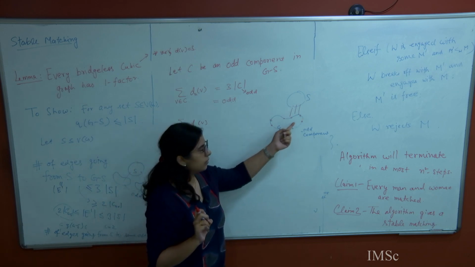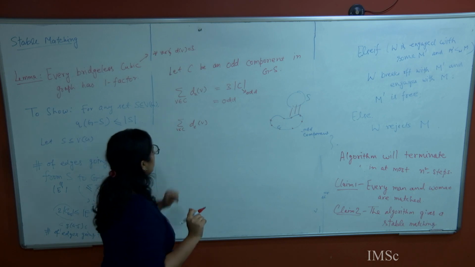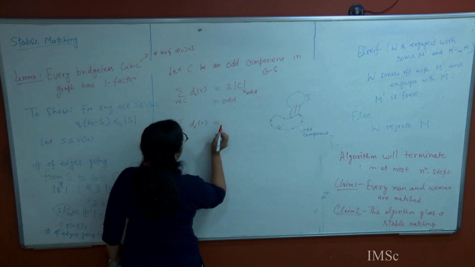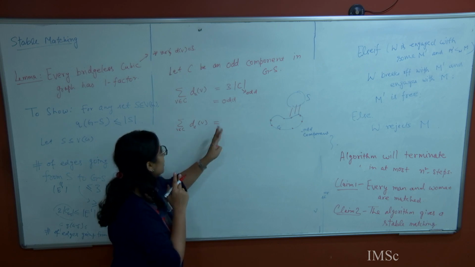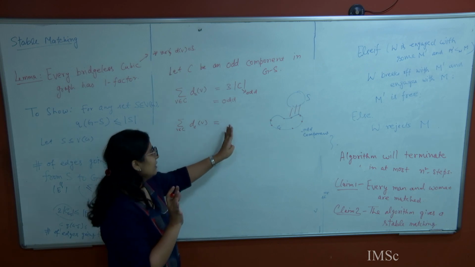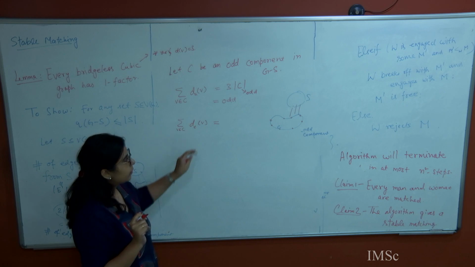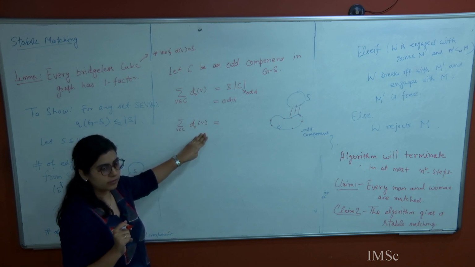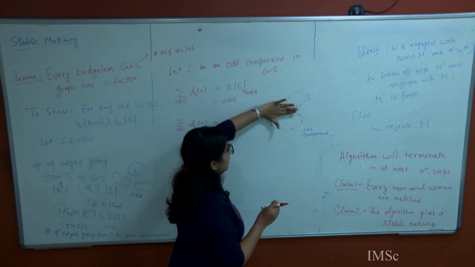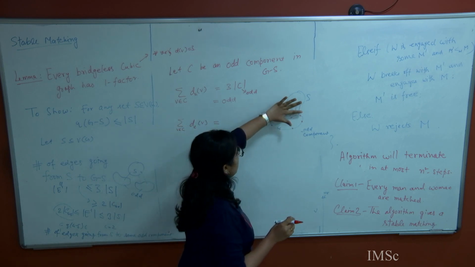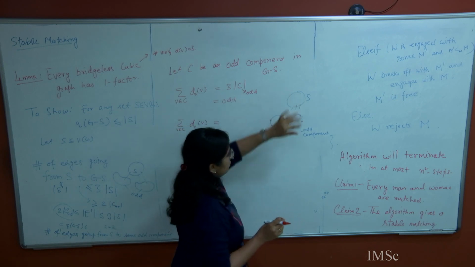These vertices have lower degrees now, so the degree sum is no longer 3 times the cardinality of C. But can we still say something about what the degree sum inside C would be, now that we are looking at the new degrees once we remove these edges?